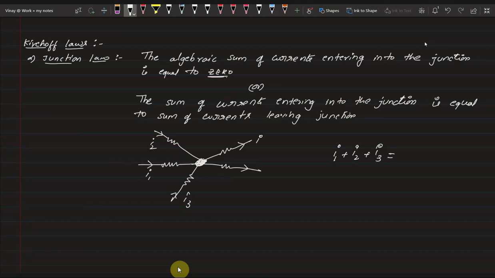This is I4, this is I5, which can be taken as I4 plus I5. So this is the Kirchhoff first law, or else you can write it like this: I1 plus I2 plus I3 minus I4 minus I5 is equal to 0, or sigma I.